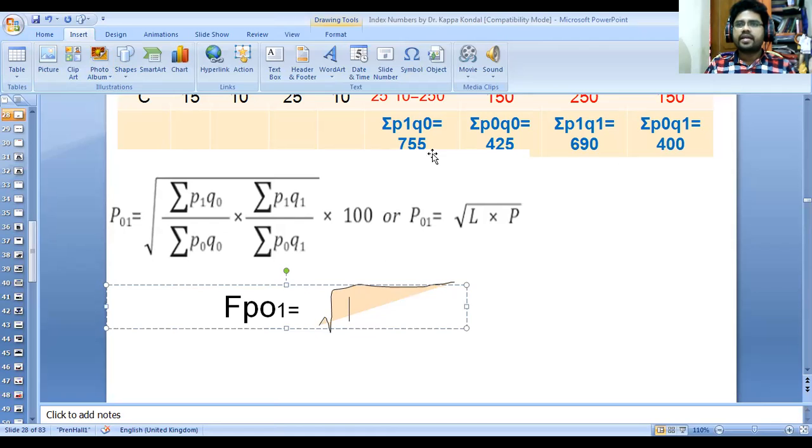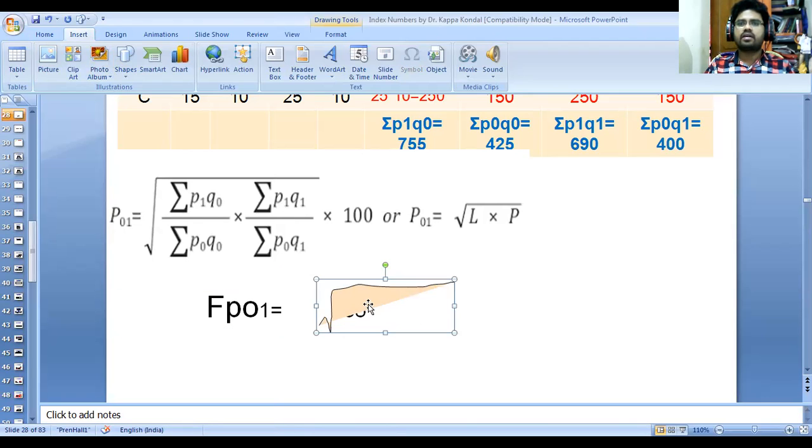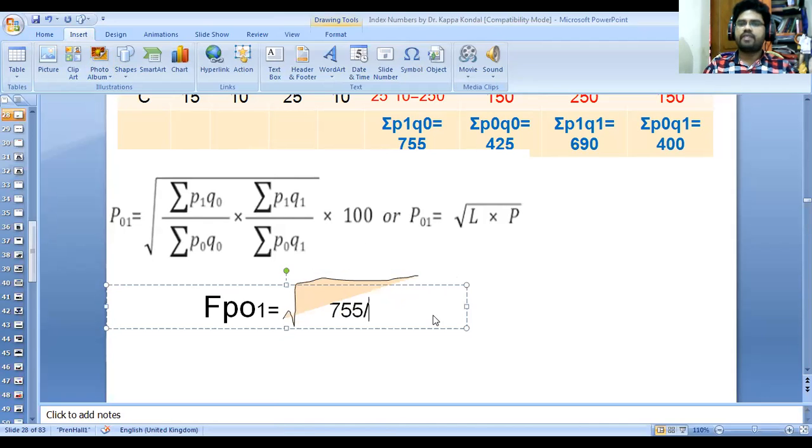See, I am going to write here. What is the sum of P1 into Q0 value? 755, divided by the sum of P0 Q0, 425.